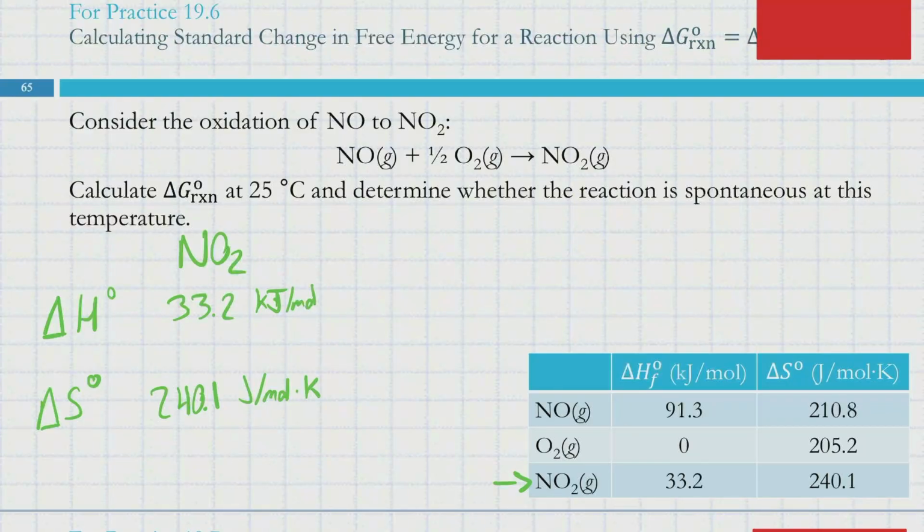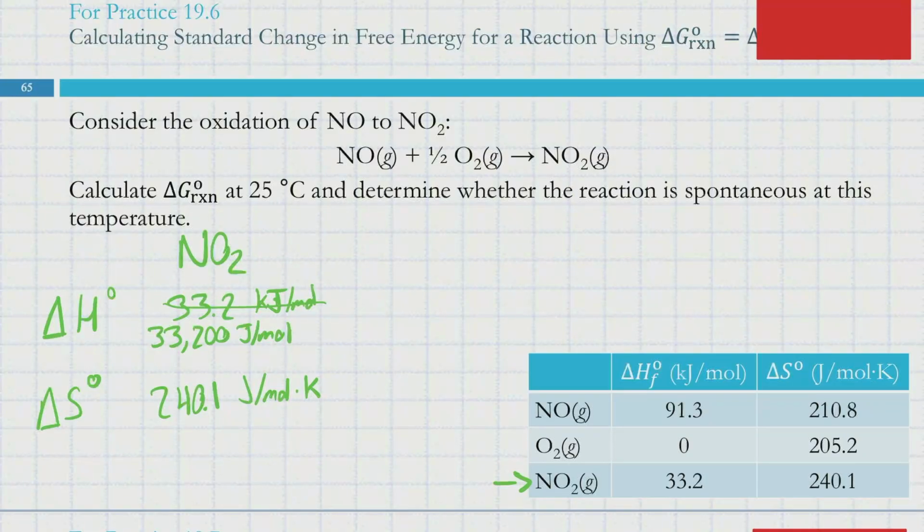Does anyone see an issue? One's in kilojoules, and the other is not. So let's convert that kilojoules one into joules per mole, just so that we don't have to deal with that later.